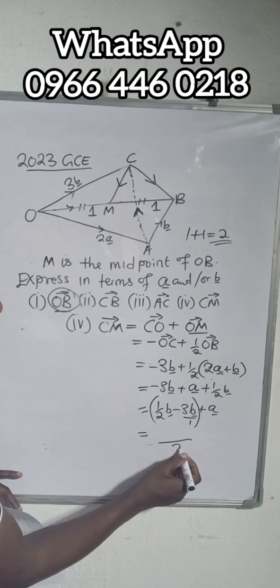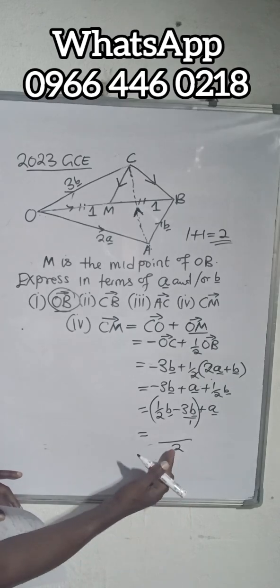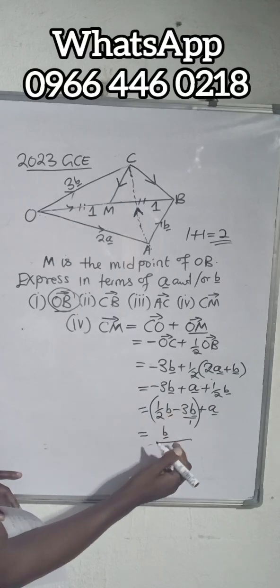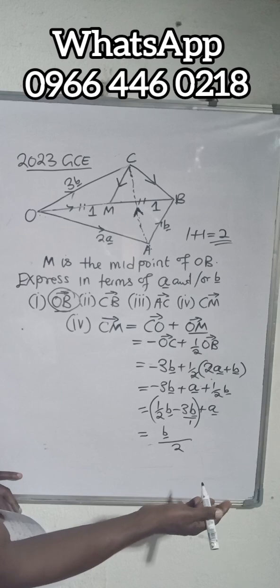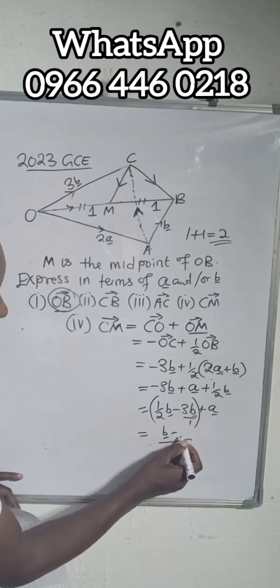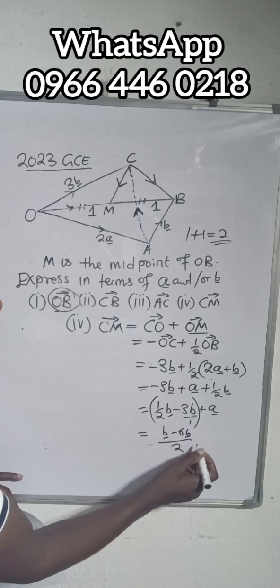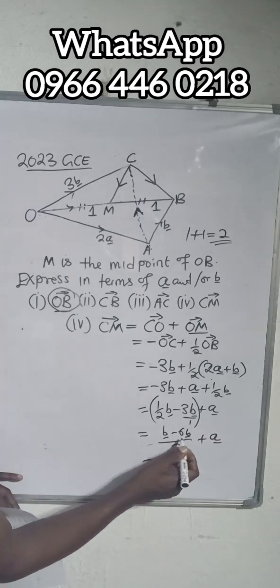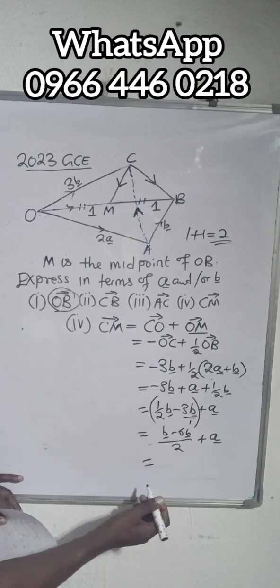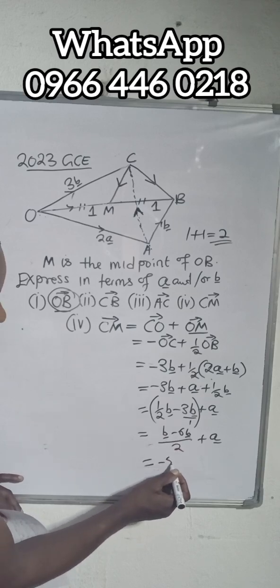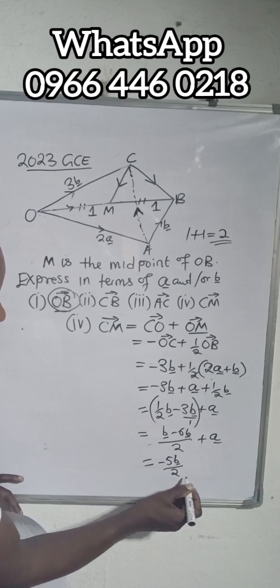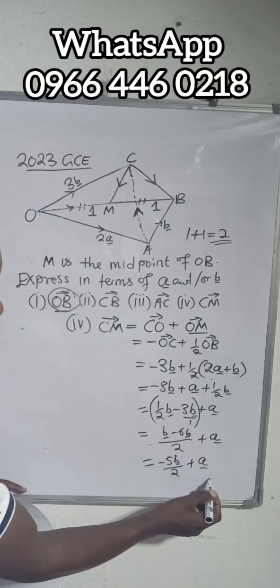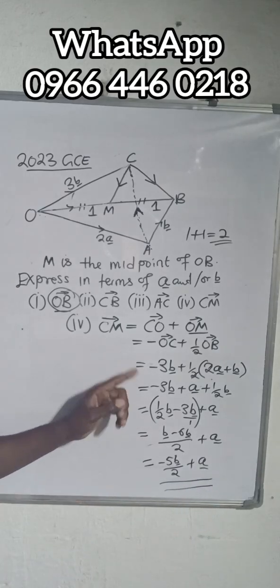The lowest common denominator is just 2. So 2 into 2 is 1 times B, so you're going to have B. Then 1 into 2 is 2 times 3B, so this will be 6B. Then plus this. Finally, vector B minus 6 vector B is going to be vector 5B over 2 plus vector A. So this is the answer for CM.